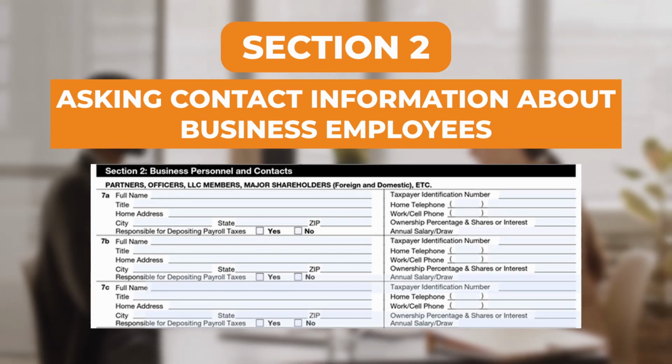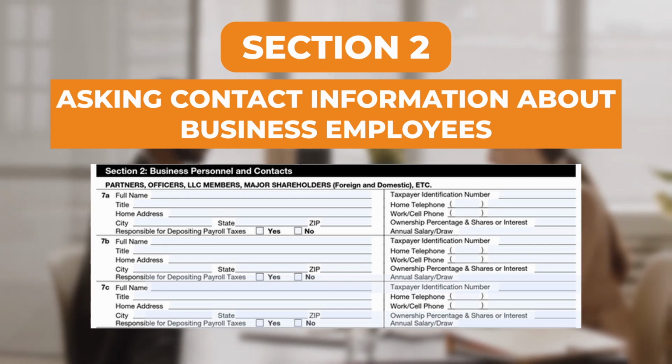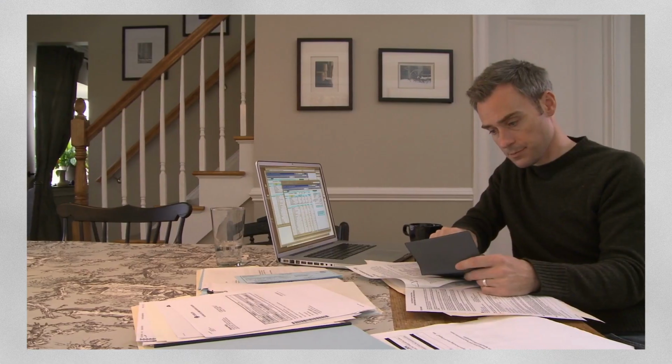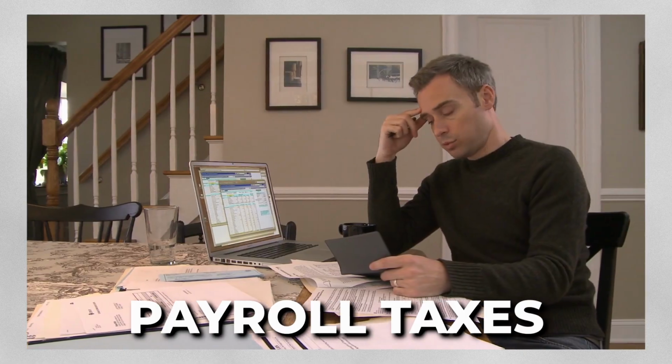Section 2 of Form 433B is asking for contact information about business employees. Why are they doing this? Most businesses who are required to fill out a Form 433B owe payroll taxes. There's a portion of payroll taxes which the IRS can hold an individual personally liable for.